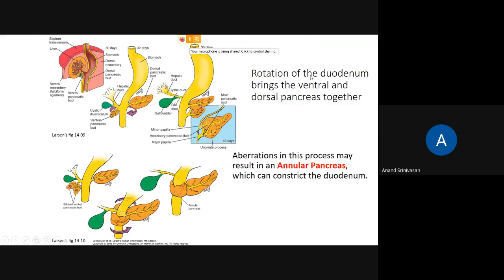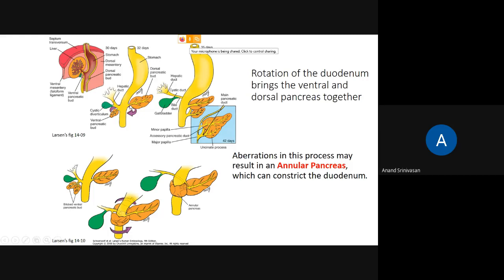Now there is a rotation of the duodenum. Because the stomach rotates, a small portion of the duodenum also rotates. This rotation brings the ventral pancreatic bud to the dorsal part, towards the dorsal pancreatic bud.